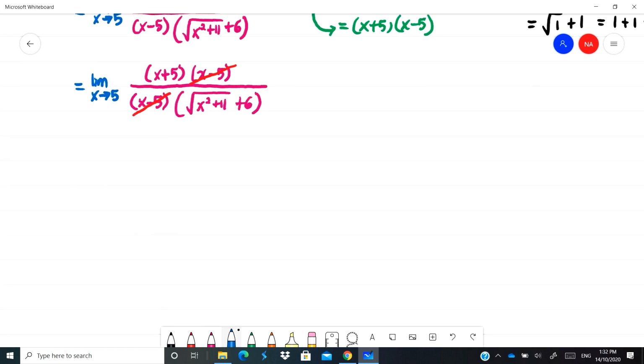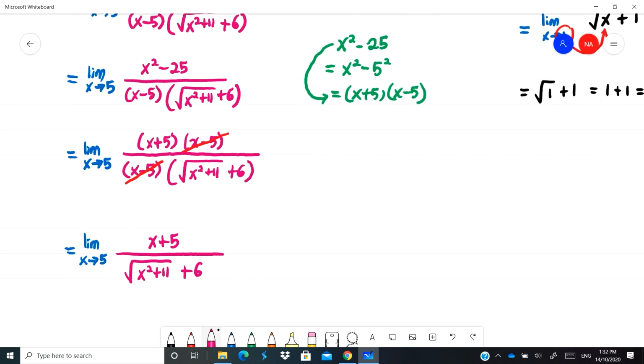So we will write it as the limit as x approaching 5. At the numerator we'll get x plus 5. At the denominator, square root of x squared plus 11, plus 6. So we do have something like this.